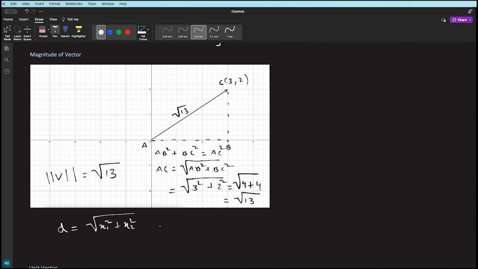If we need to find the magnitude of the vector in n-dimensional space, then we will write d as the square root of x1 square plus x2 square plus x3 square up to xn square. So these are the n-dimensional vectors.